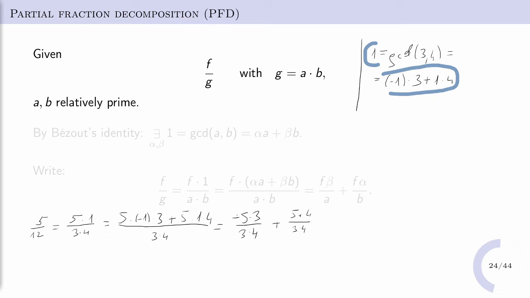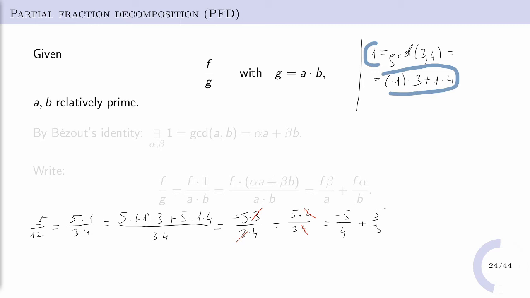And now we can cancel the 3 here and 4 here, so that we get minus 5 over 4 plus 5 over 3. This is a partial fraction decomposition of the fraction 5 over 12.